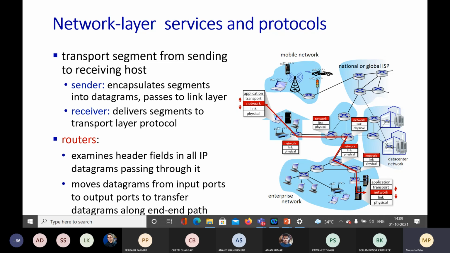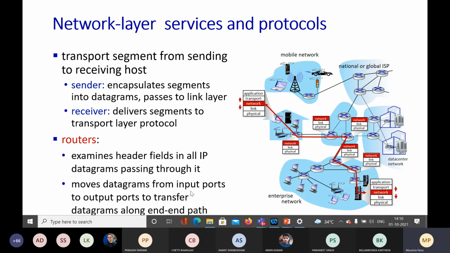Just out of common sense, we can say that it examines the IP header fields in all IP datagrams passing through it for simply knowing the corresponding IP address. Then it moves the datagrams from input ports to the output ports.